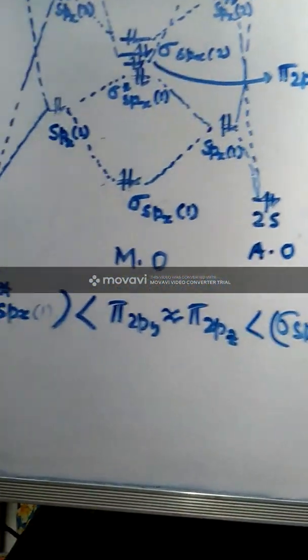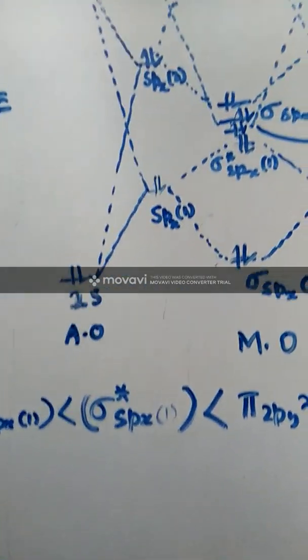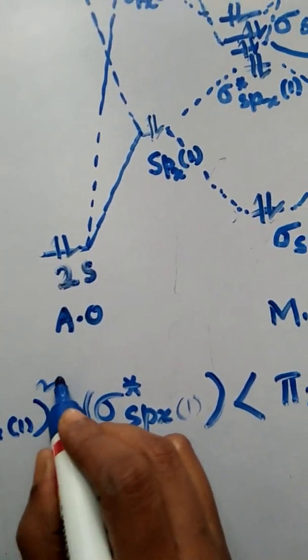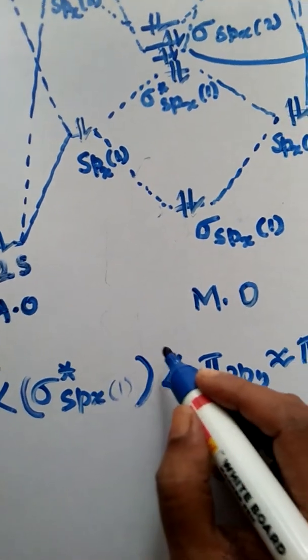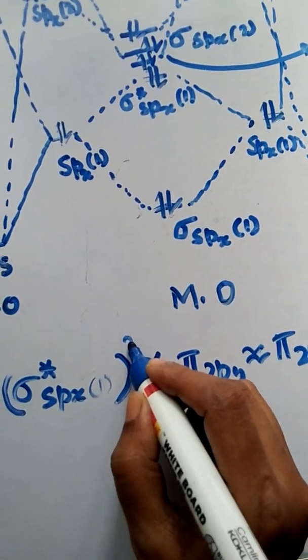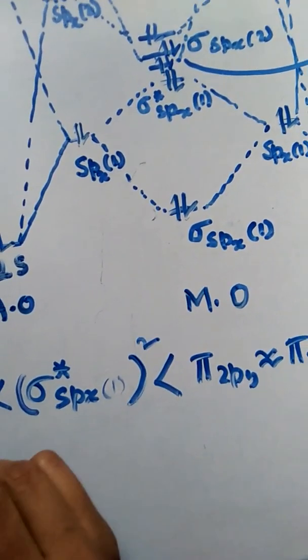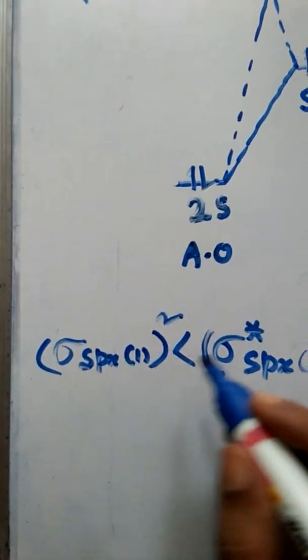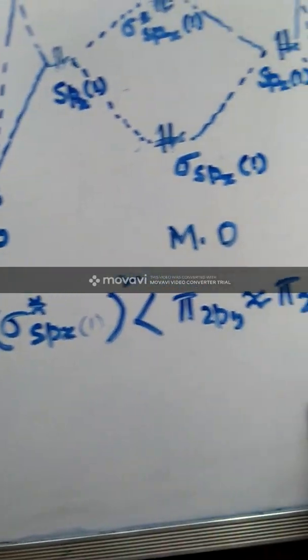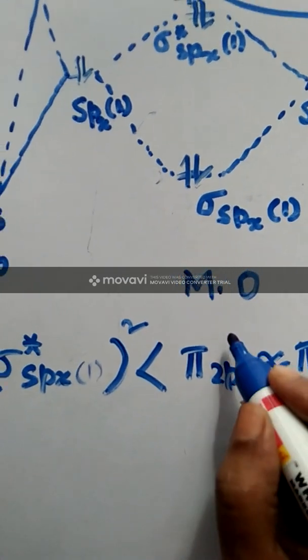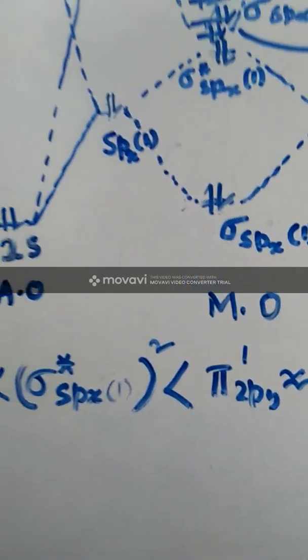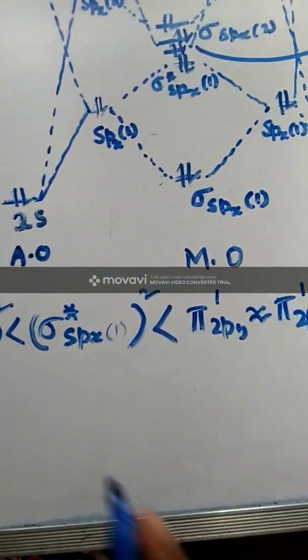Now filling up of the electrons. Like for boron, we had 2 electrons in sigma SPX1, 2 electrons in sigma star, 2 electrons in sigma orbital, 2 electrons in sigma star orbital. Then in both the pi orbitals we had 1 and 1 electron. So what will be the bond order?